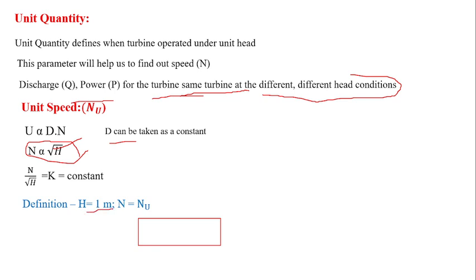If head is equal to 1 meter, N is equal to NU, so we get K as the unit speed. So N1 by root over H1 is equal to NU, equal to N2 by root over H2.